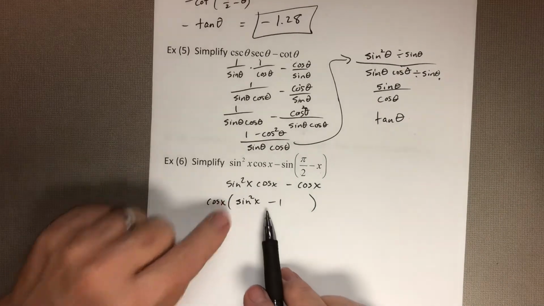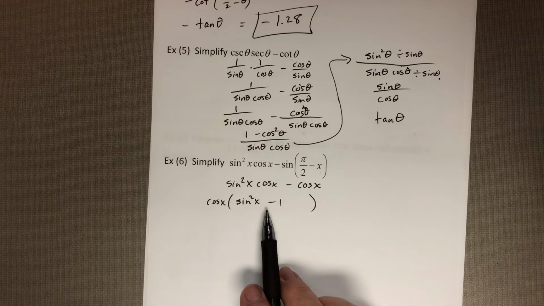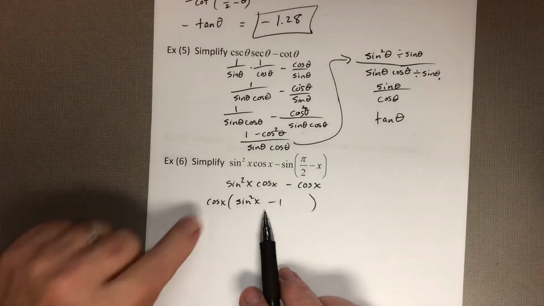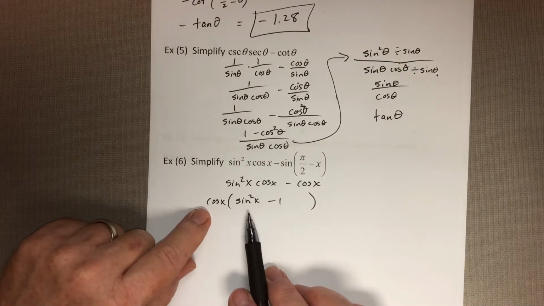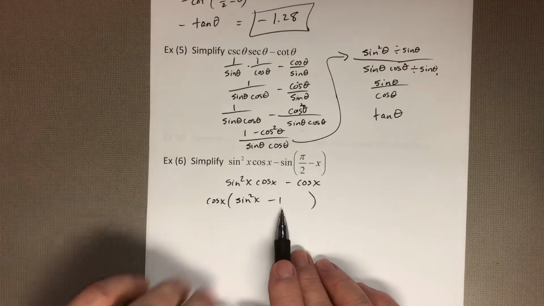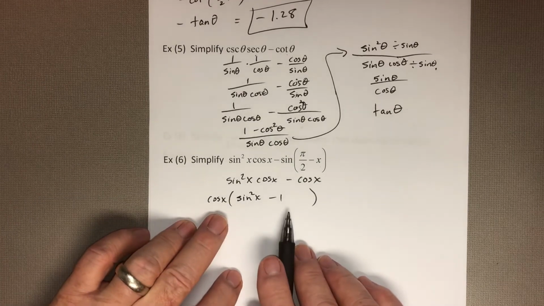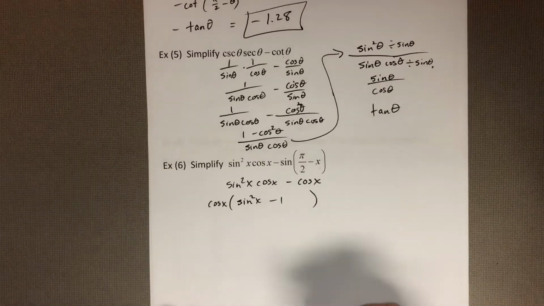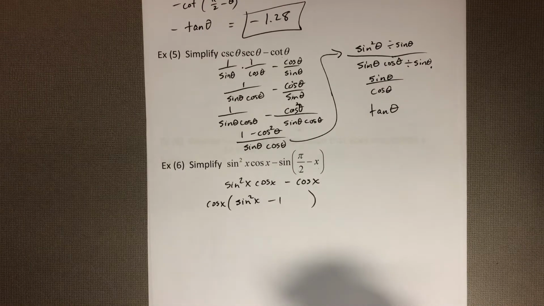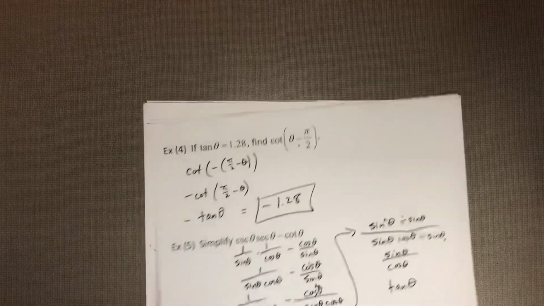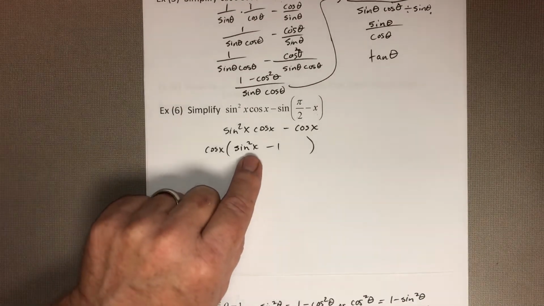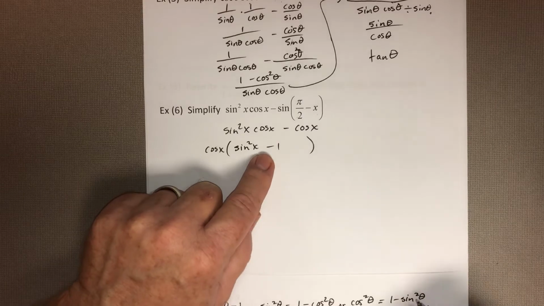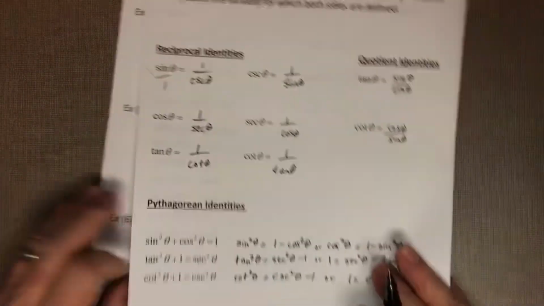The sine squared of x minus 1. That looks like, oh yes, that's the opposite of the cosine squared of x. If you go back and look, that inside is the opposite of this expression right here.